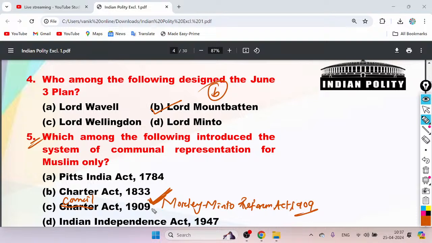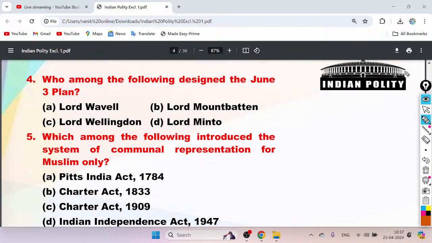Number 2, Government of India Act 1919. Number 3, Government of India Act 1935. In the 1909 Act, Muslims were granted separate electorate system. The answer will be C.